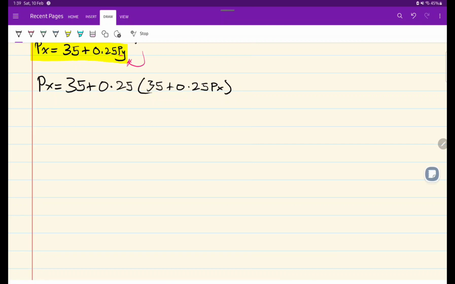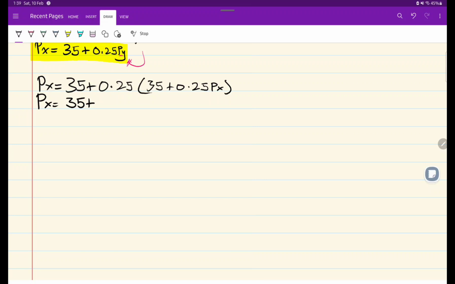Do not add these together first. This is a fraction, you need to multiply that through first before you add them together. Otherwise, you will not get the right result. And it's all going to be positive.